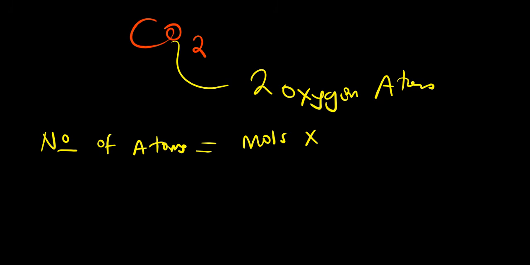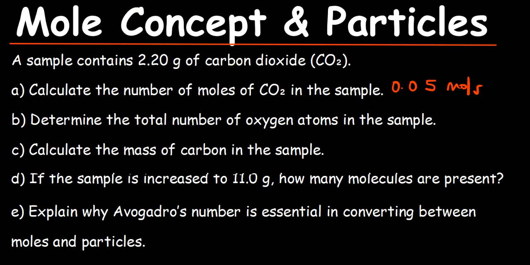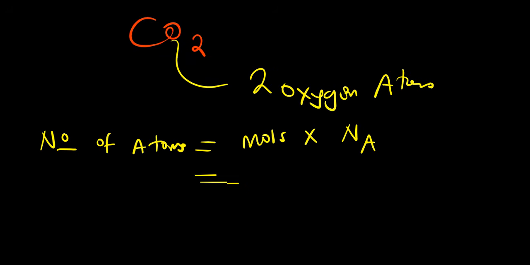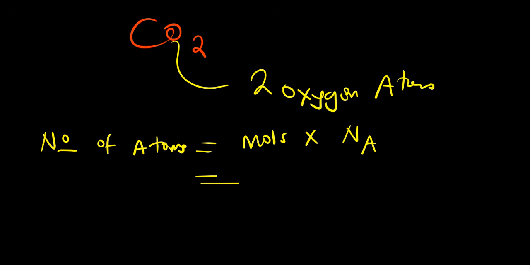So in this case, what moles do we have for oxygen? Have we been given it in the question? Of course not. However, we're going to take it that it has the same moles as the carbon dioxide, because it's in the same sample. So the moles found is 0.05.